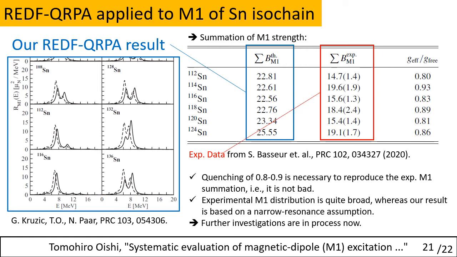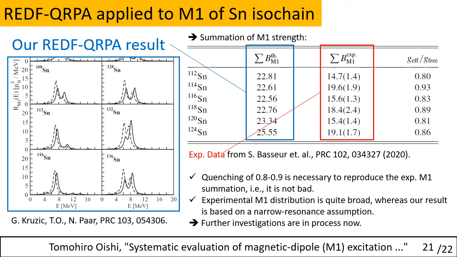For tin isotopes, recently, proton inelastic scattering provided a novel set of experimental data, and we compare it with our results. From this comparison, we found that a quenching of 0.8 to 0.9 is necessary to reproduce the total summation of experimental BM1 strengths.